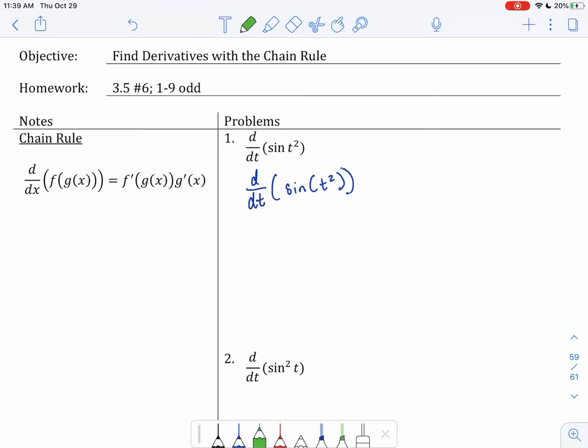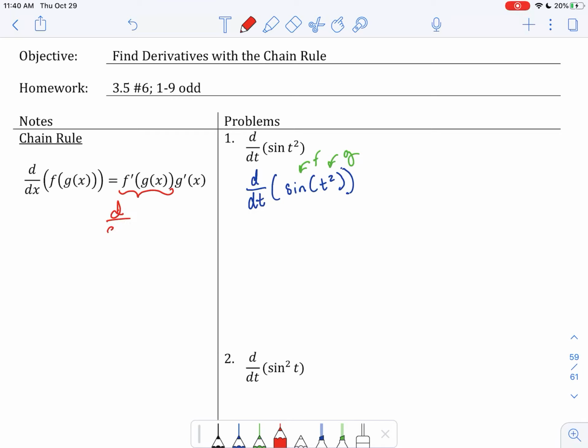So if I'm looking at the composed functions here, sine is f, and then t squared is g. Now, what we're looking at for the derivative of a composed function like this is that it's f prime of g. So you take the derivative of the outside.